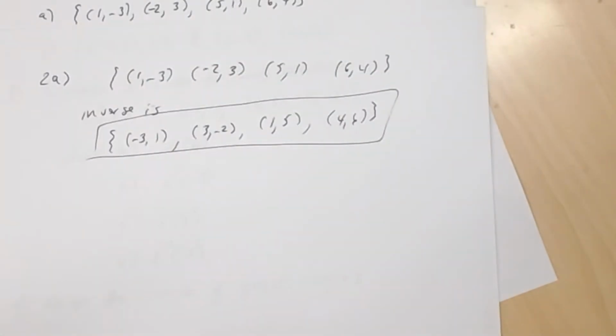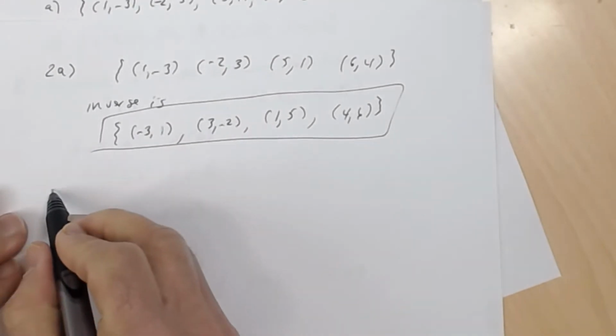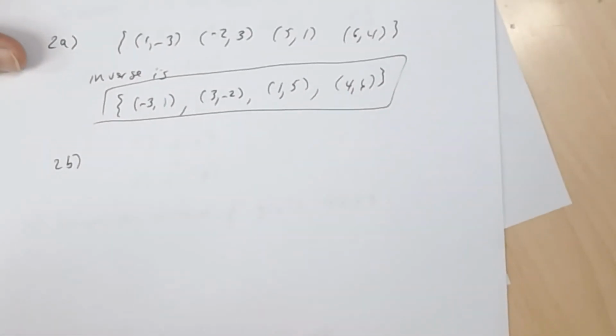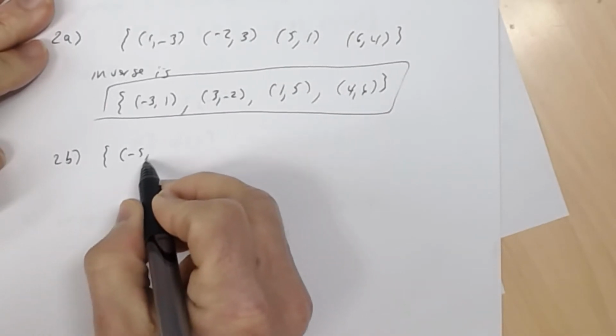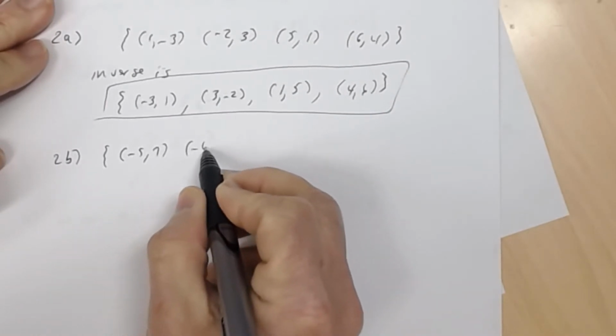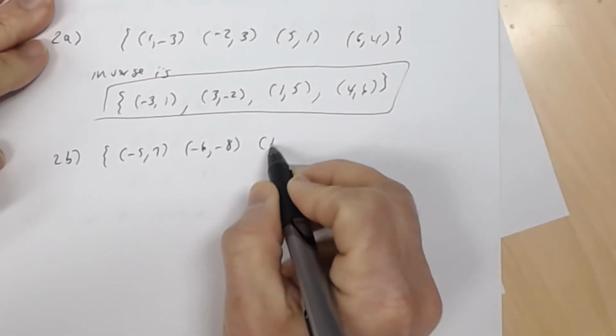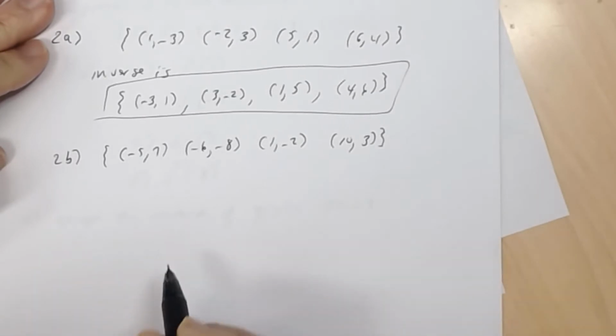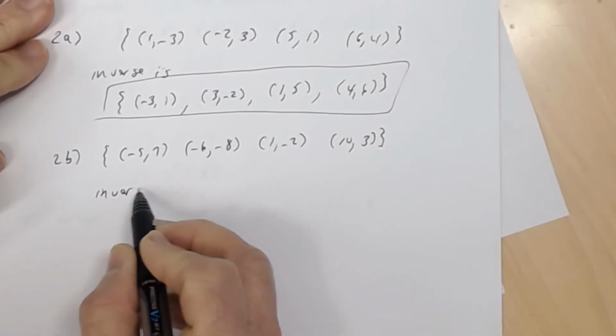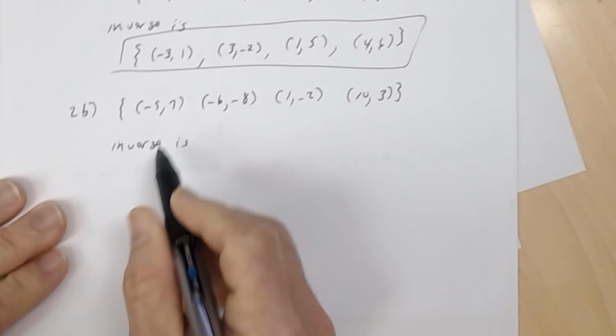All right, 2b. You have the same thing. So you're just going to do what we just did. -5, 7, -6, -8, 1, -2, 10, 3. And so the inverse is, all right, so you should be able to do that now.